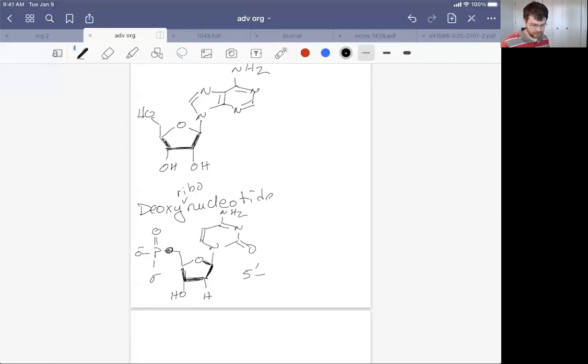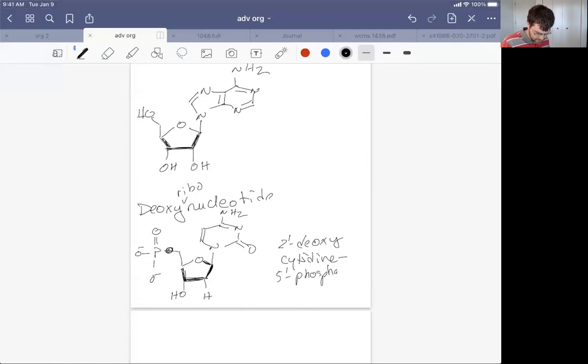Oxygen goes right there. 5 prime. And we put the phosphate at the end. Sorry, I'm getting this name wrong. It's 2 prime deoxycytidine. And then it's 5 prime phosphate.